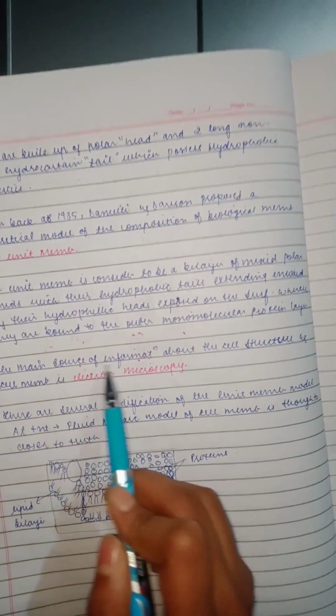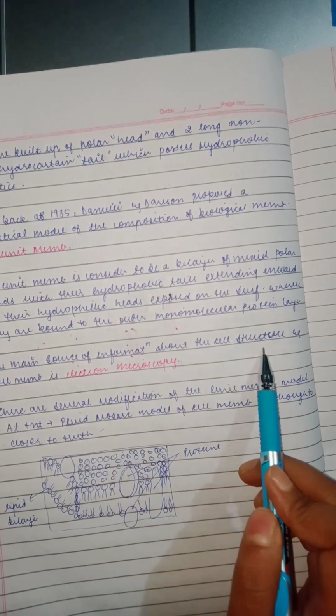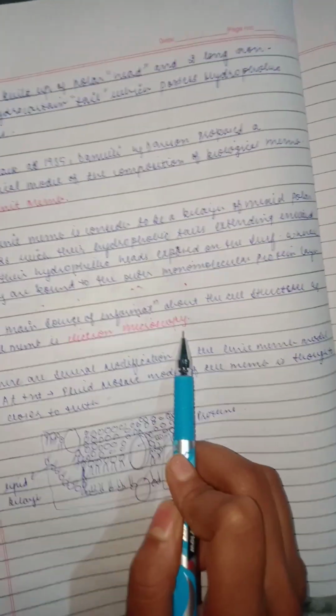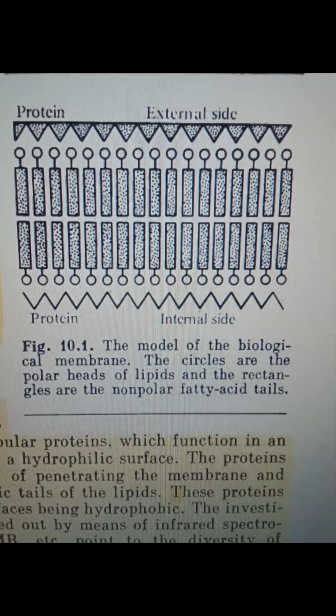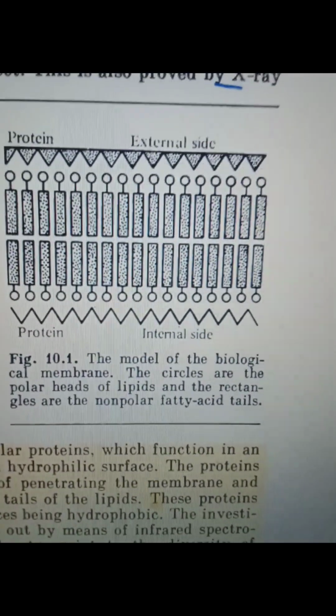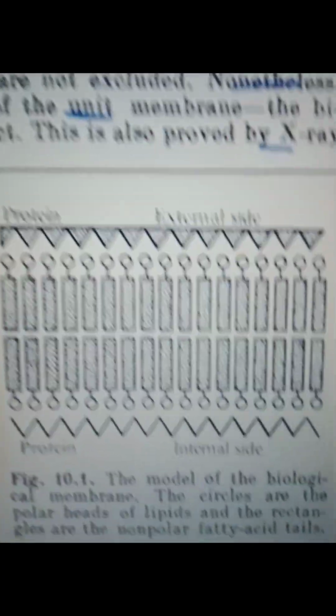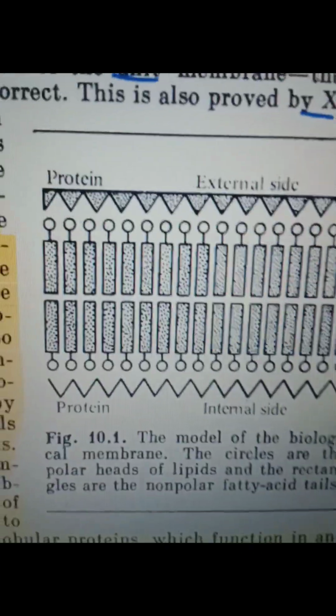The main source of information about the cell membrane is electron microscopy. Another is the main idea of organization of a unit membrane. The bilayer arrangement of lipid is correct. It is proved by the X-ray data, as you see in the picture.